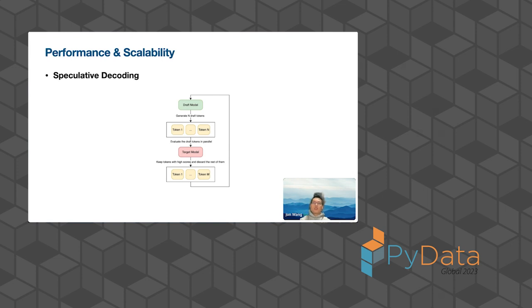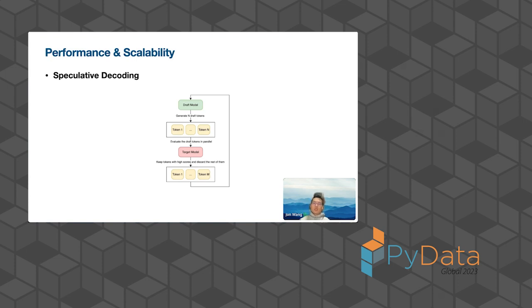So I'd like to talk about the performance and scalability of Xinference. Xinference also leverages parallel decoding algorithms to achieve better performance. The idea of parallel decoding is that instead of the autoregressive algorithm, which generates one token at each iteration, parallel decoding algorithms try to generate multiple tokens at each iteration.